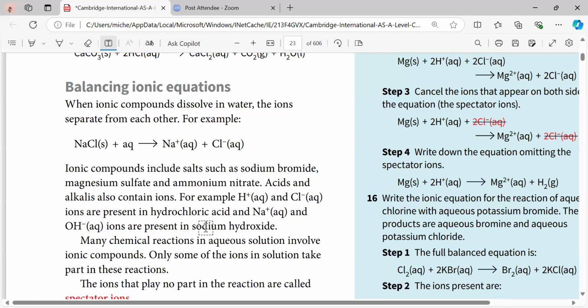These ions are present in hydrochloric acid. And natrium, or we actually say sodium in English. In English, it's supposed to be sodium, but in Indonesia, we usually call that natrium.